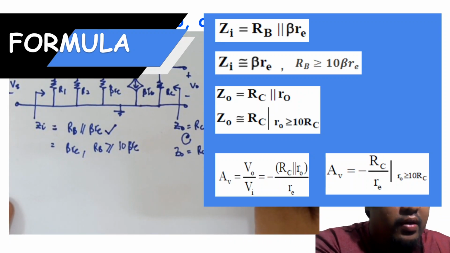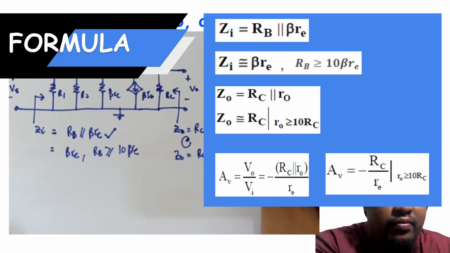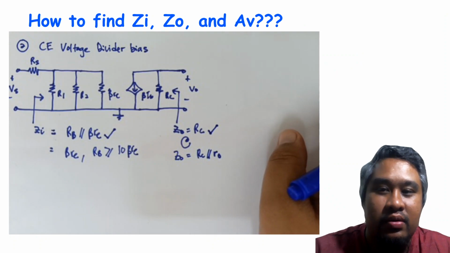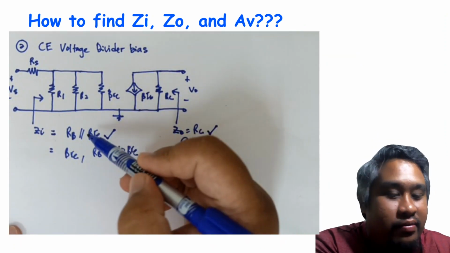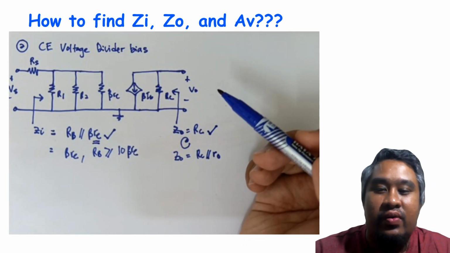So next is what? Let's close this formula. Next we have to find RE. What is the formula for RE?